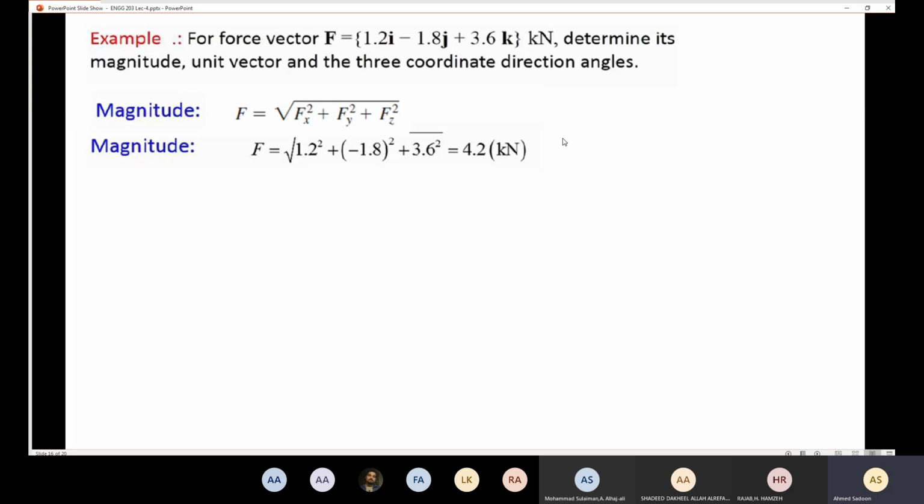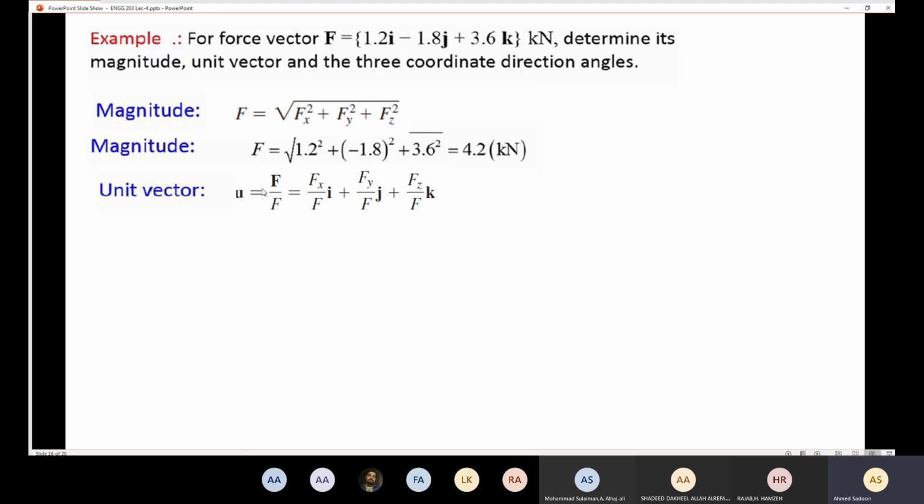Now we managed to calculate the magnitude. Now they want to calculate the unit vector. Remember, the unit vector is the vector itself over its magnitude.